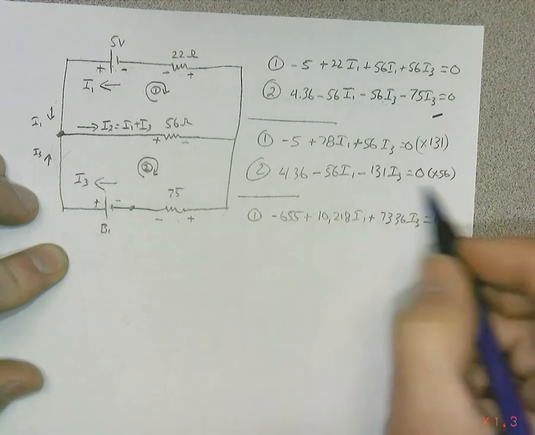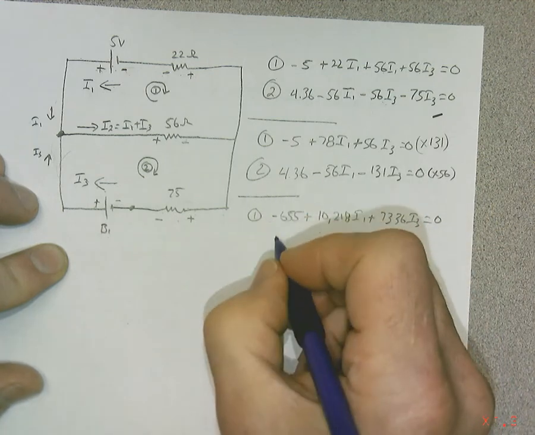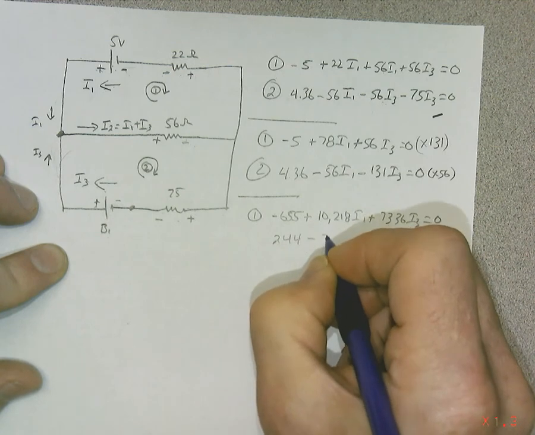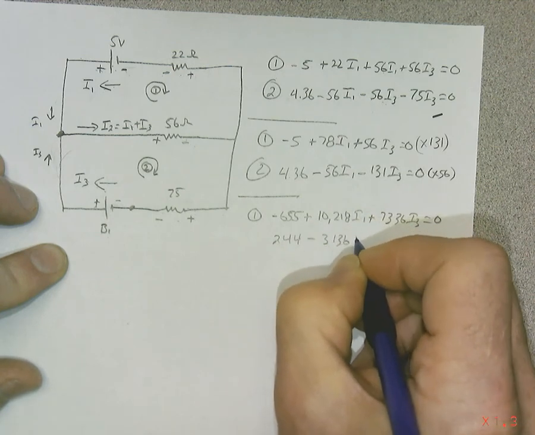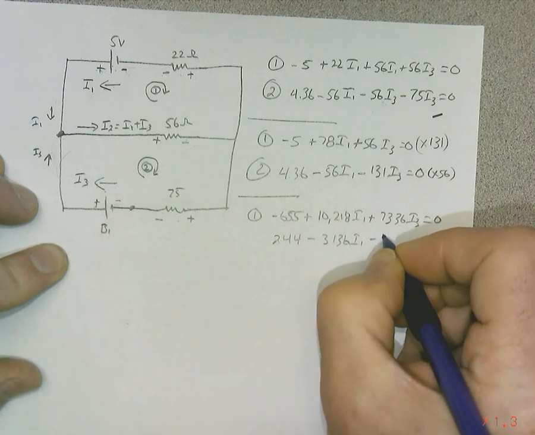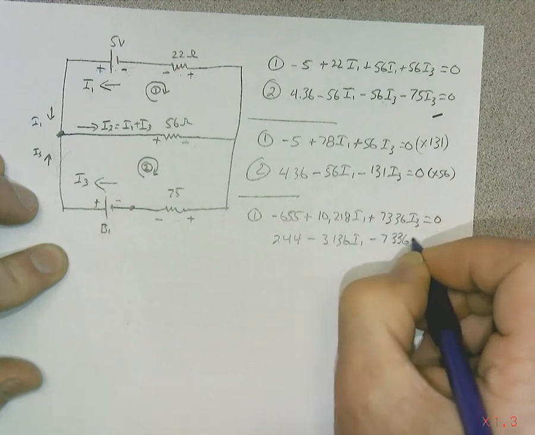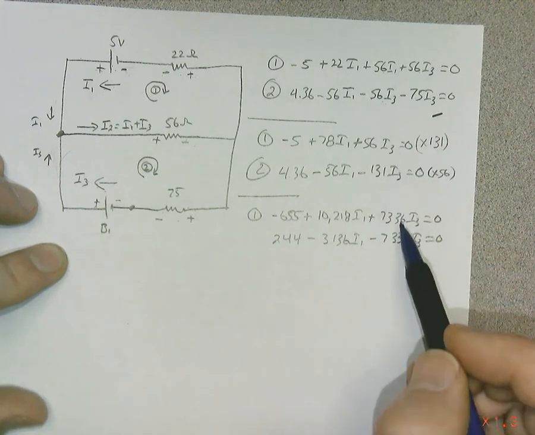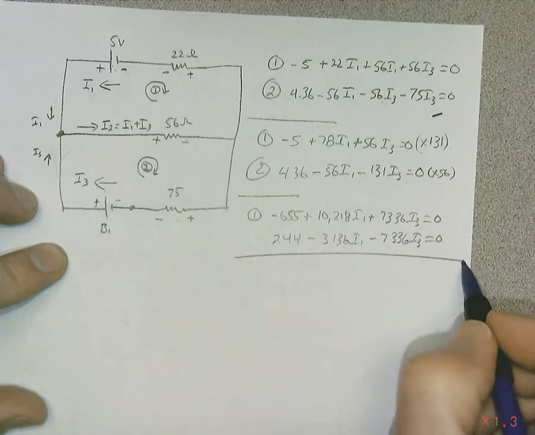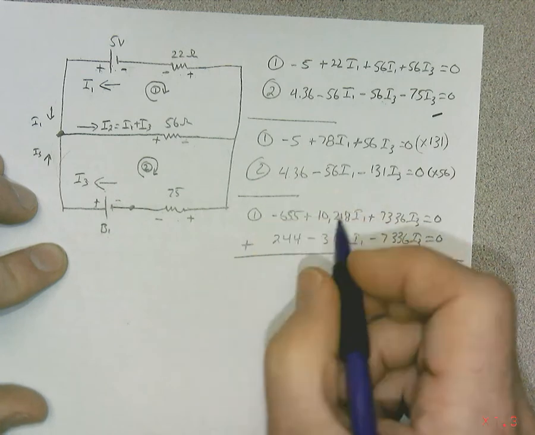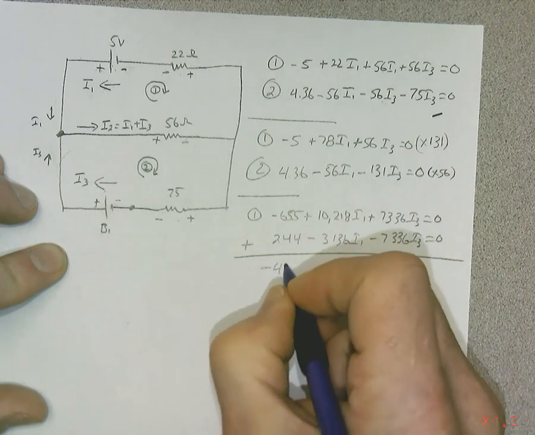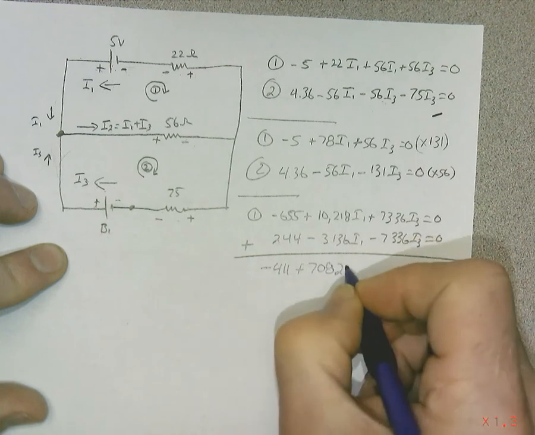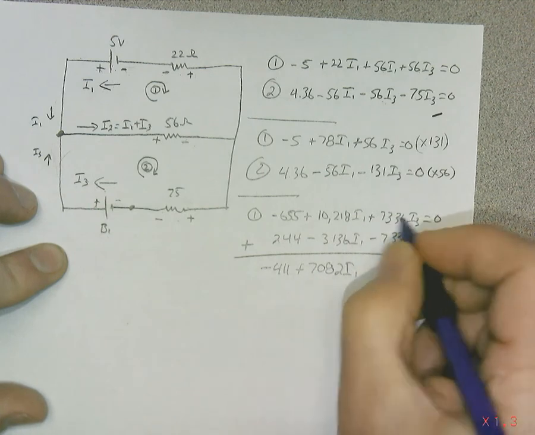Now when I multiply this whole thing by 56, I'm going to get 244 minus 3136 I1 minus 7336 I3 is equal to 0. Notice, that was my goal, is to make these two factors the same. So now when we add them together, I get minus 411 plus 7082 I1 plus 0 equals 0.